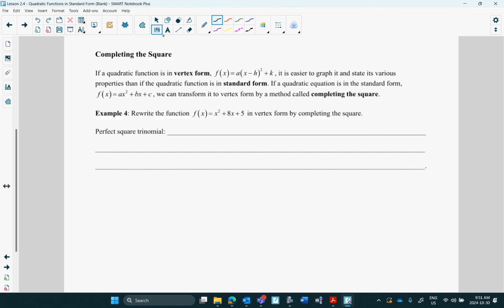And I talked about, at the end of the last lesson, a perfect square trinomial. A perfect square trinomial is a trinomial that can be factored to two identical binomials.